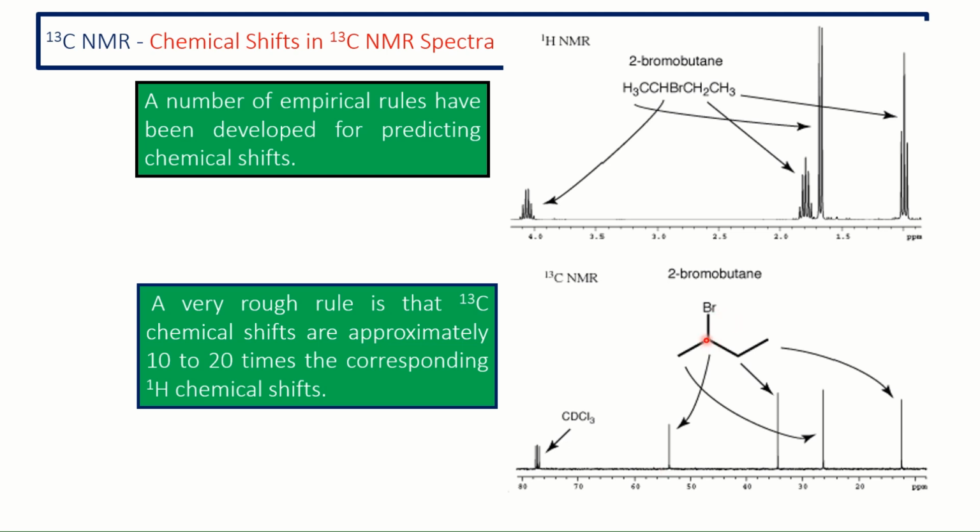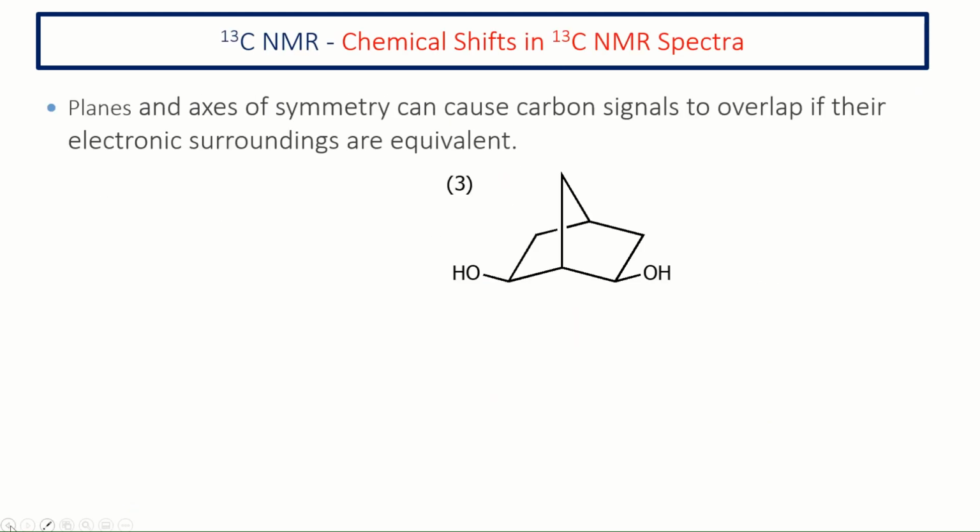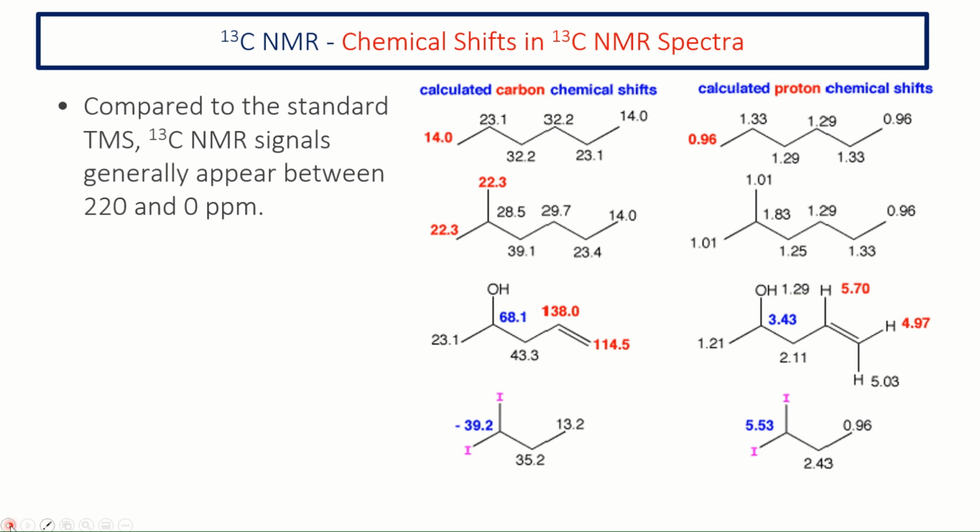Here's that carbon, here's that proton, in similar situations. So if you look here, for example, we're comparing calculated carbon versus proton, and it will give you a better idea of how to work with carbons.